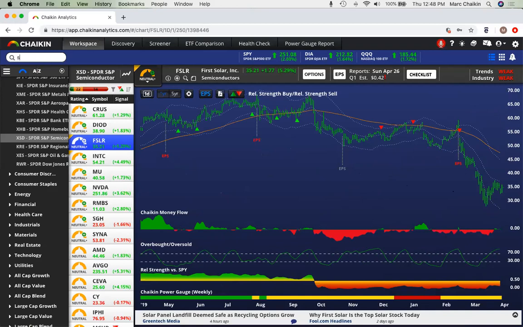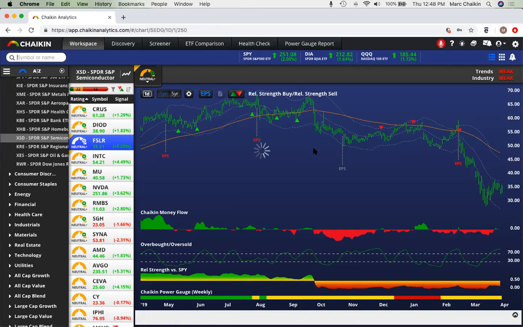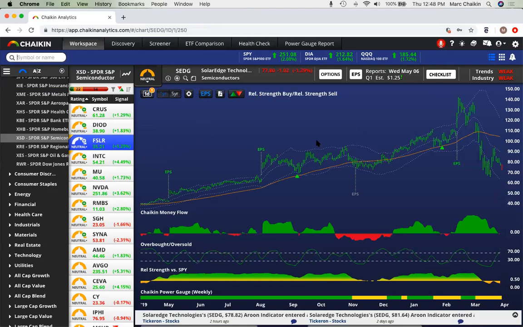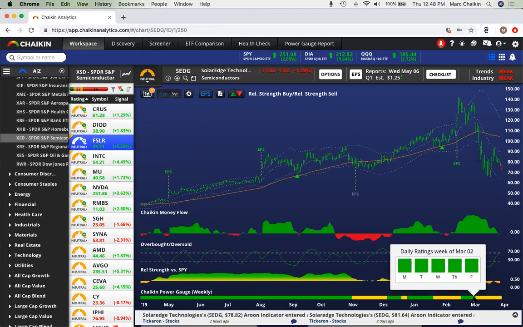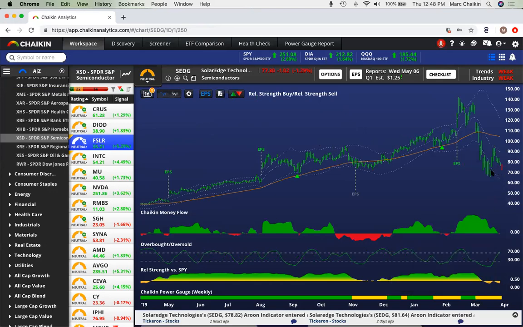I'm going to look at a stock called SolarEdge because this is a stock that was a powerhouse before the bear market kicked in. And I want to see what it's saying. Well, I see that this is doing a lot better than First Solar. And look at this huge spike in Chaikin Money Flow on the way down. Institutions were taking advantage of the dip to buy into the stock.